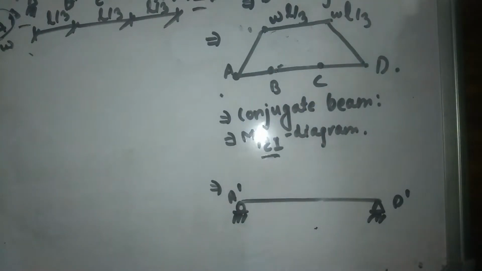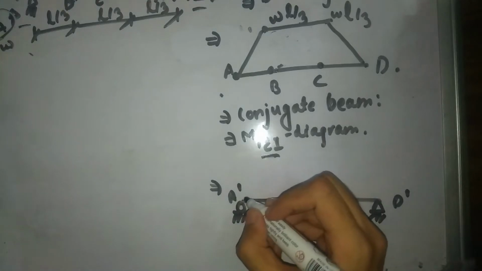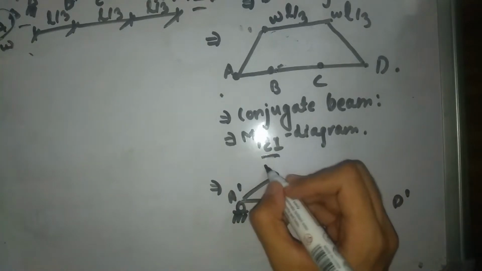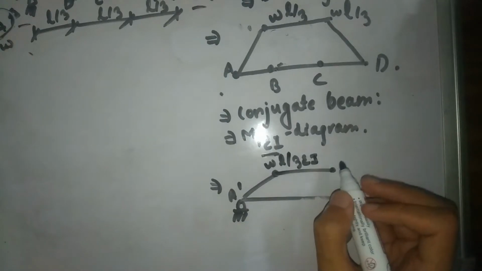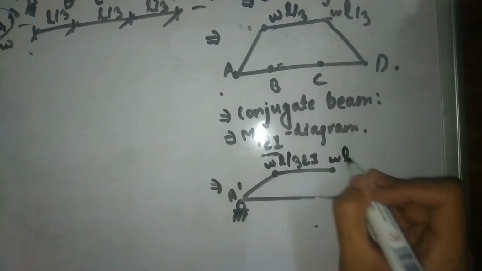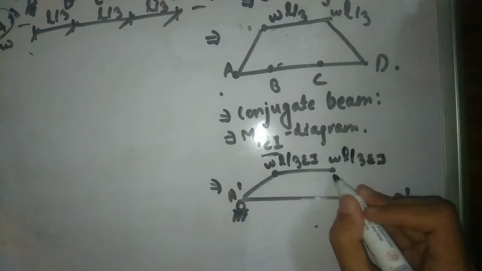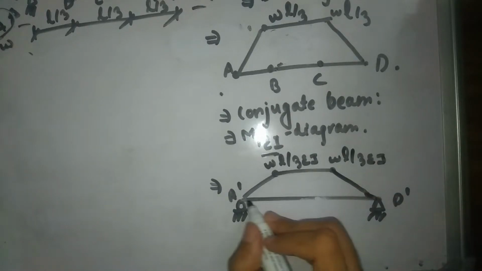Nothing else happens, just the scale gets reduced. So this is going to be WL by 3EI. Move straight, then again WL by 3EI, and just simply join it.